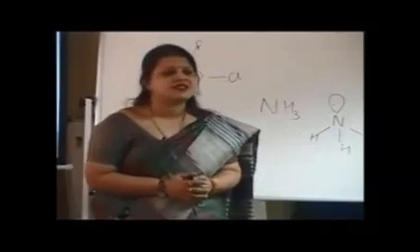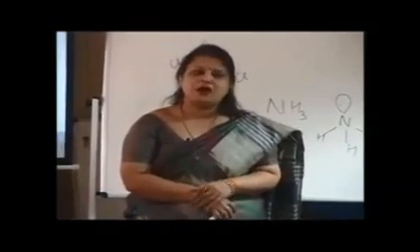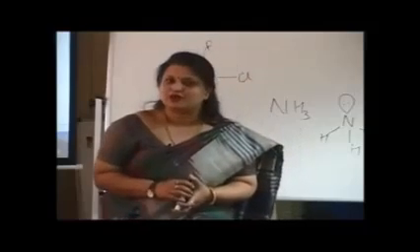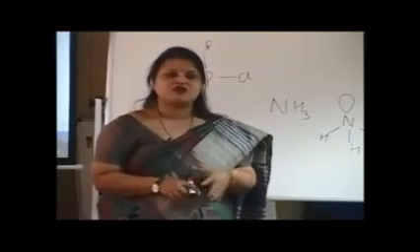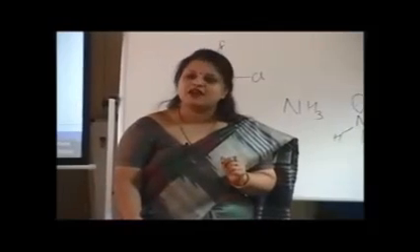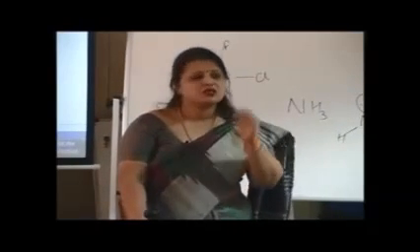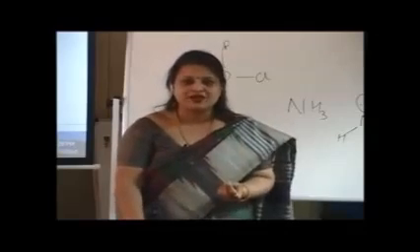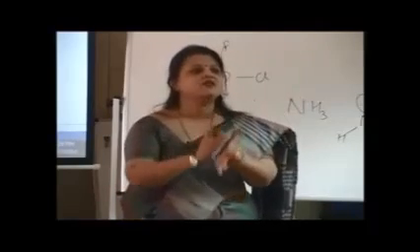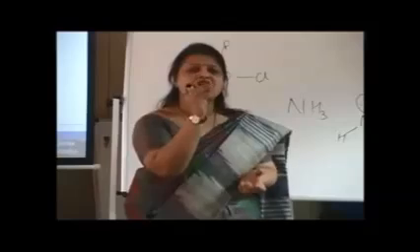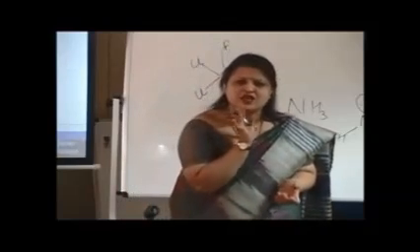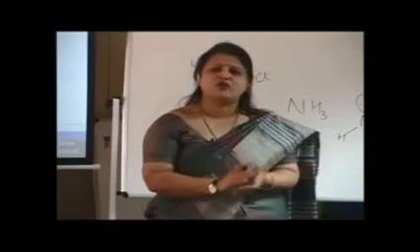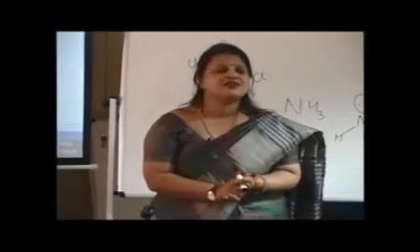Now, VSEPR theory to some extent is able to tell us about the shape of the molecule, but still we are not very clear about the shape of the molecule because of the dicey role being played by the lone pair, and hence there is scope for further modification. Now, instead of just normally modifying the VSEPR theory, we give it a flavor of quantum mechanics. You are all familiar with atomic structure, and must be familiar with the Schrödinger wave equation in atomic structure.